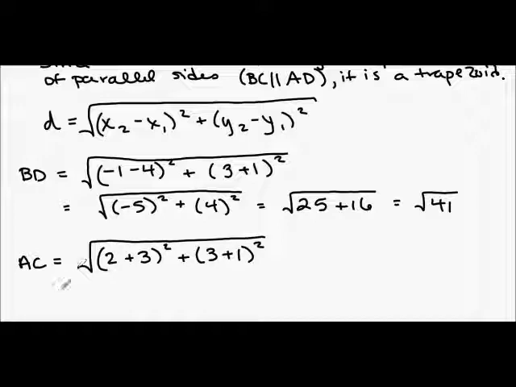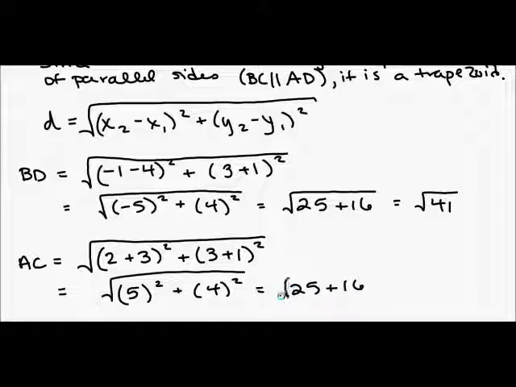Which gives me 5 squared and 4 squared, which is 25 and 16, which is the square root of 41.